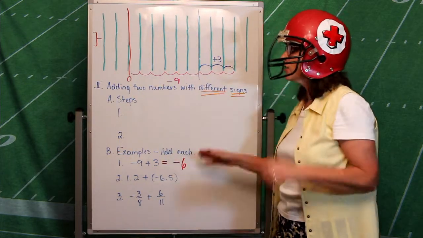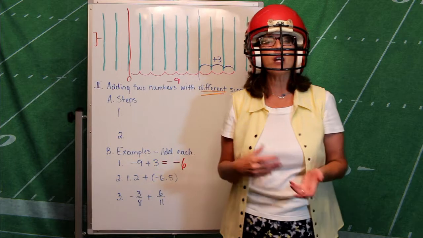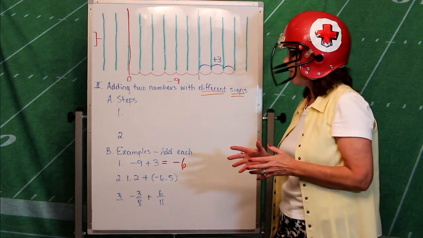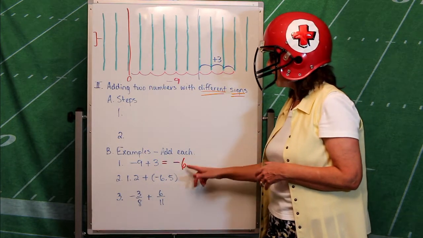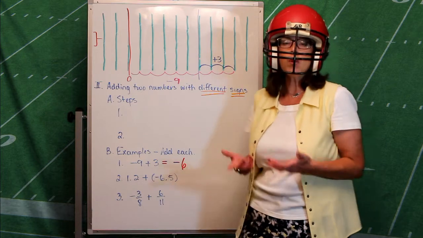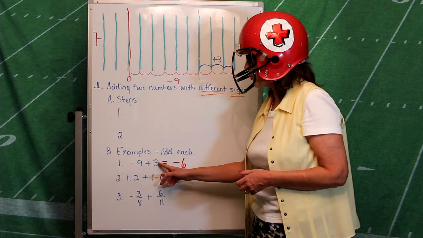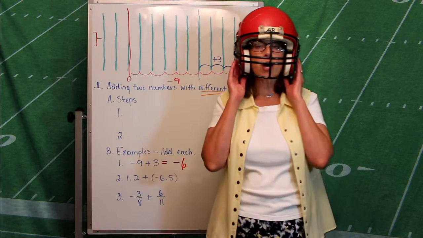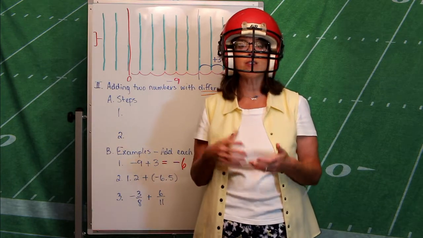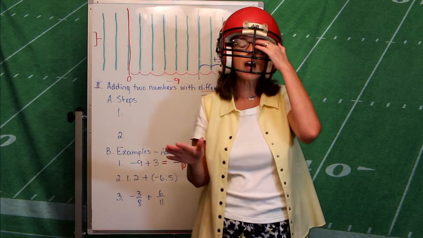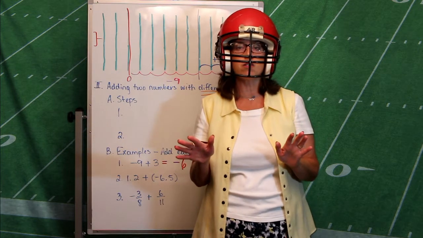So let's do a comparison in the problem that we just looked at and see if we can come up with those rules. First off, how did we come up with this 6? How did we get that part? Yes, notice that if you take 3 away from 9, in other words, like we said on the other situation where they had the same sign, we said ignore the signs at first. Just ignore the signs.